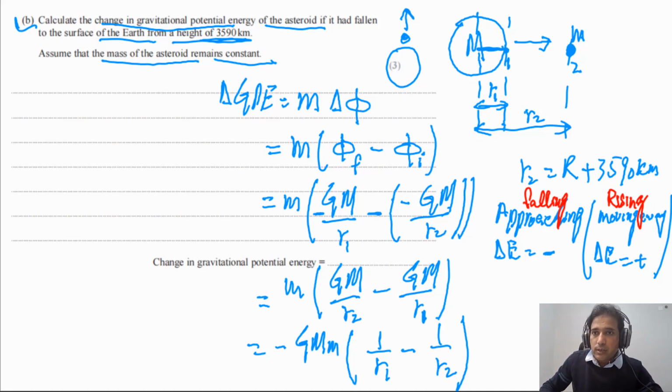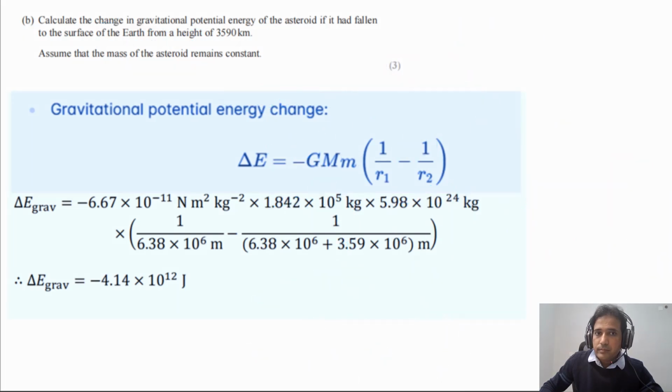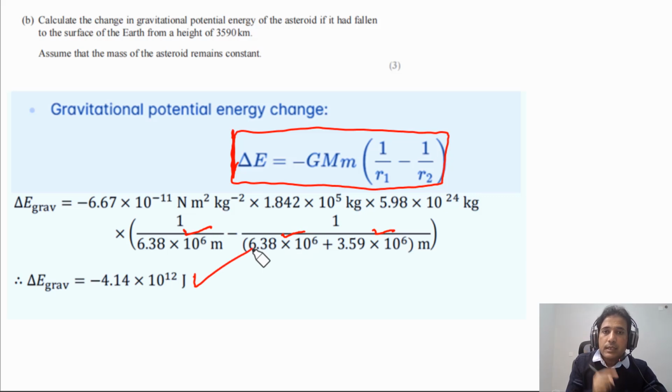Now let me show you the complete answer. Here you can see we have already derived this formula and written it in this form. Now simply we need to plug in values. This is the radius of Earth, this is the radius plus the distance, and this is our final answer. The answer in this case has to be negative because the change in potential energy is negative.